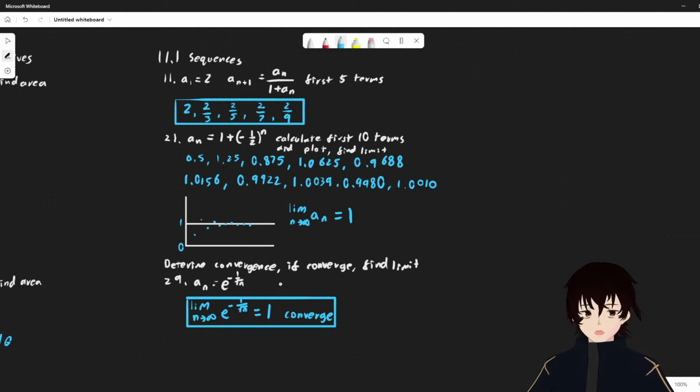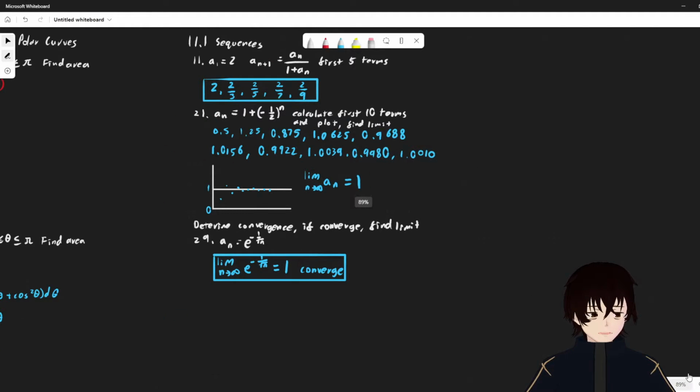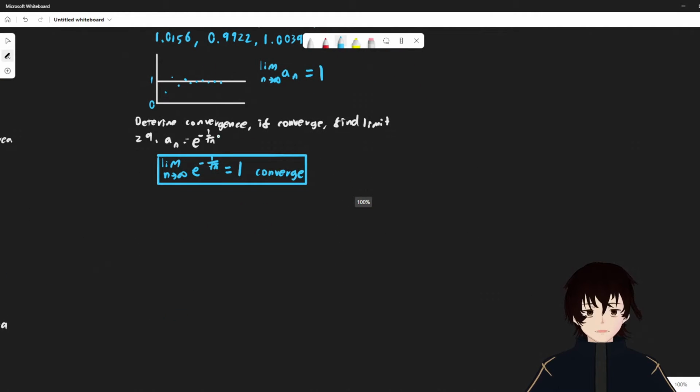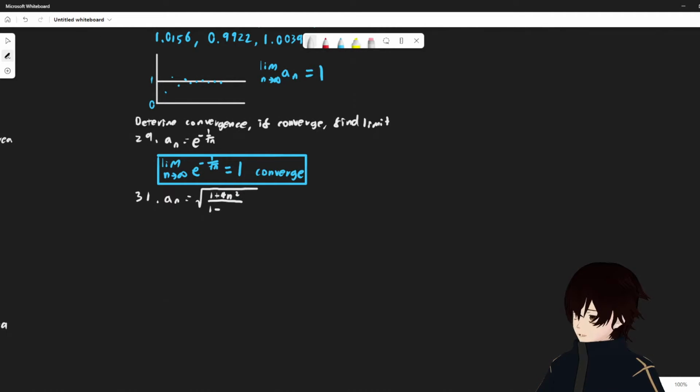Next up is number 31, oh my god, does this one not look pleasant. a sub n is equal to the square root of (1 plus 4n squared) over (1 plus n squared). The limit as n approaches infinity of this thing. Can we simplify?